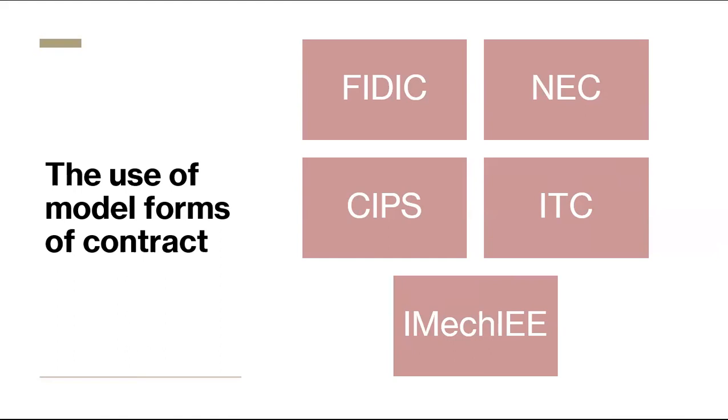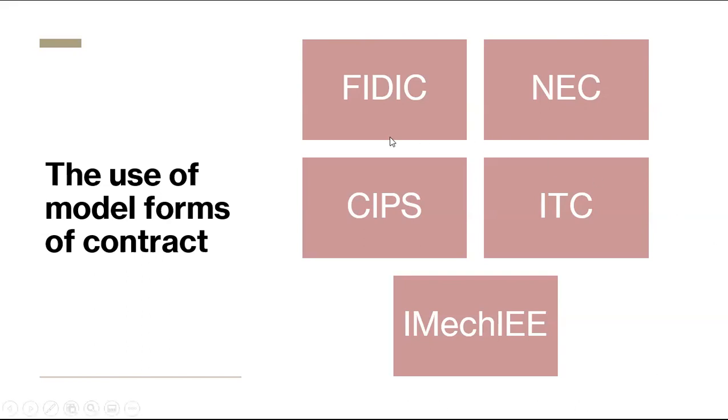To solve the first and second type of question, you only need to read the book. And to solve the third type of question, you need to understand the application of these modern form contracts.